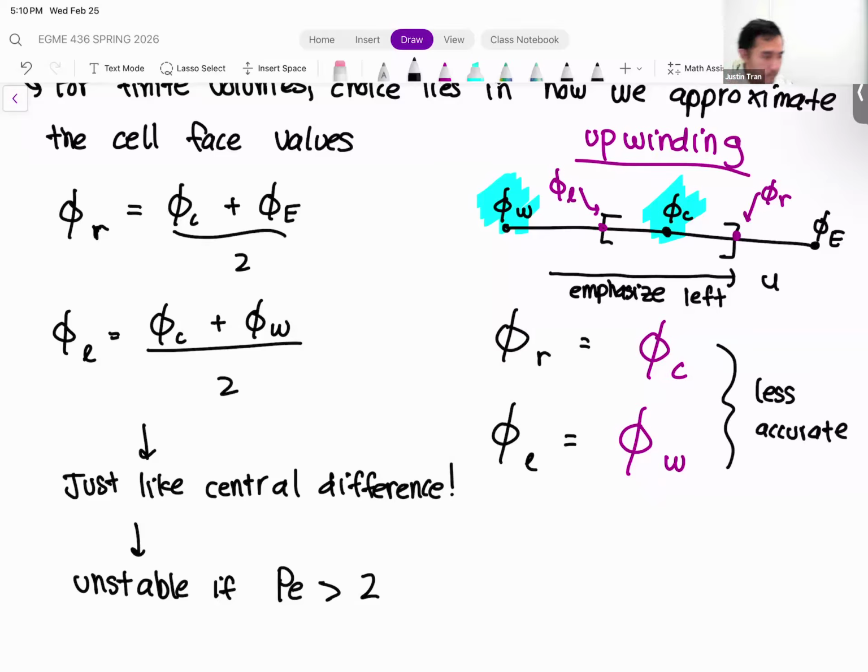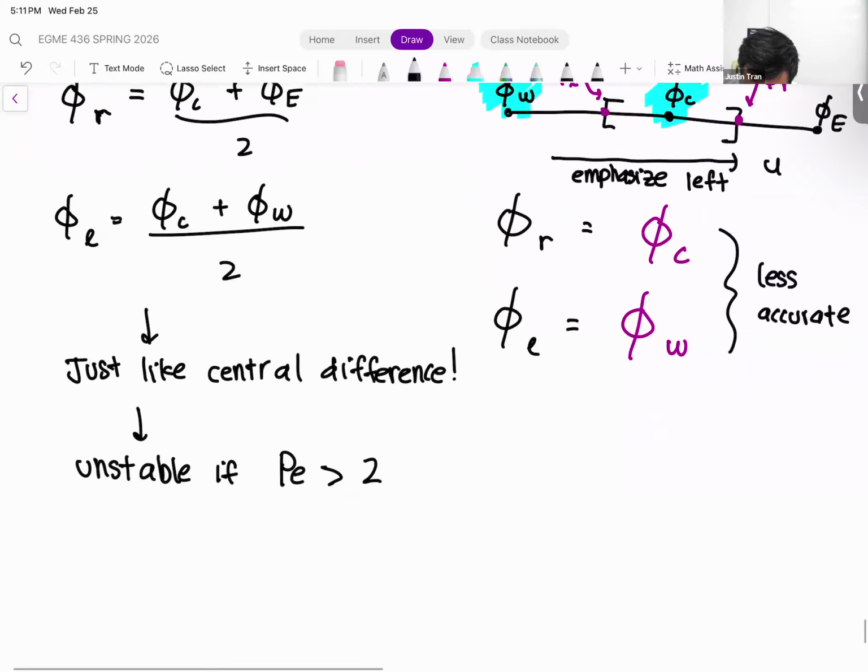But at the very least, it is going to be stable. We are going to get a stable solution because we're putting more emphasis on the upstream side. Now, of course, if you do this, it is going to change our finite volume equations.